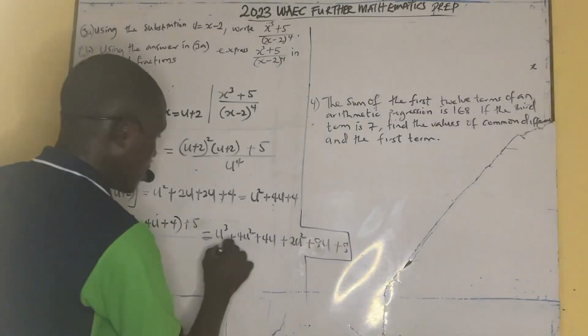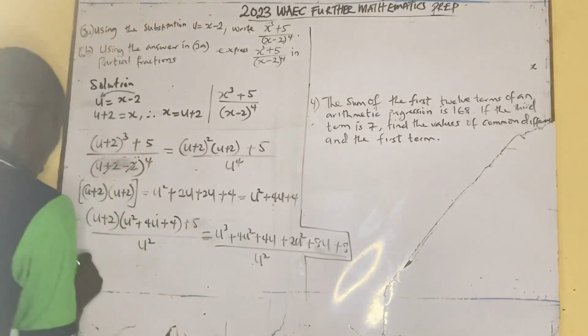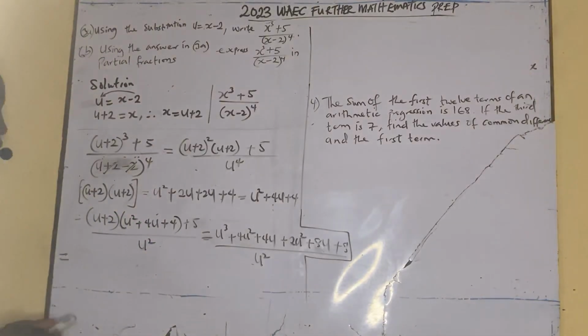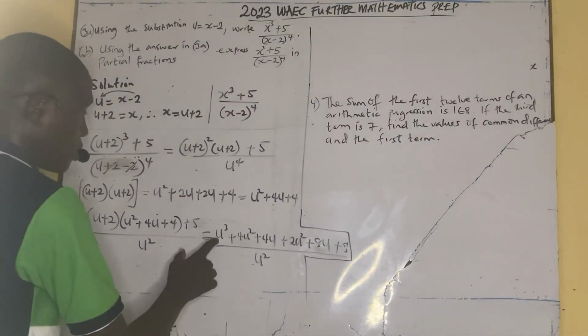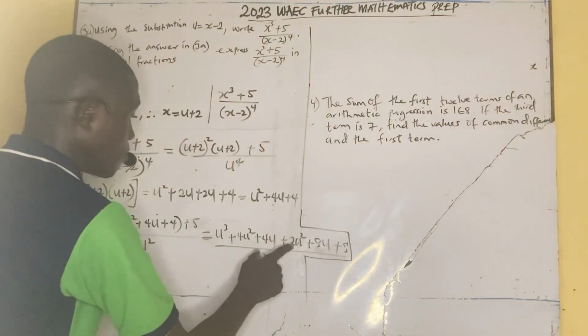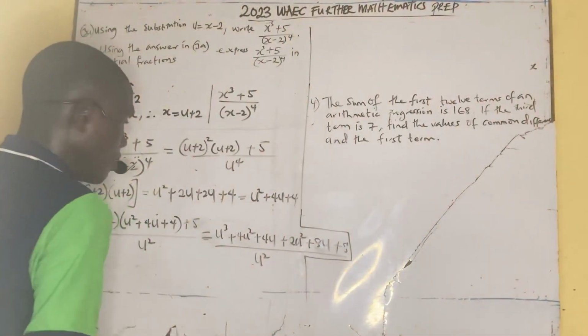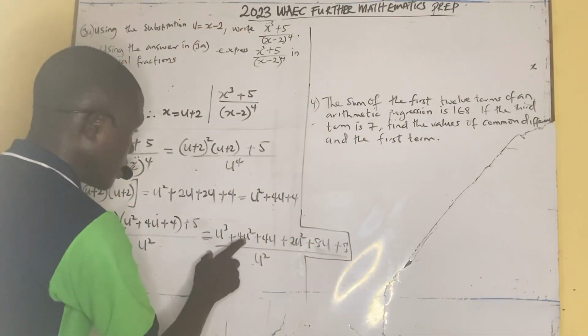All over u squared. I hope you are still following. So now u cubed plus 4u squared plus 4u, now plus u squared plus 8u, then plus 8. Now what are you doing now? You add this together.